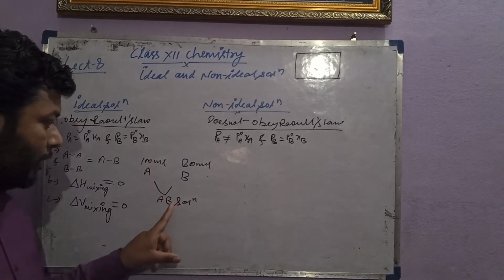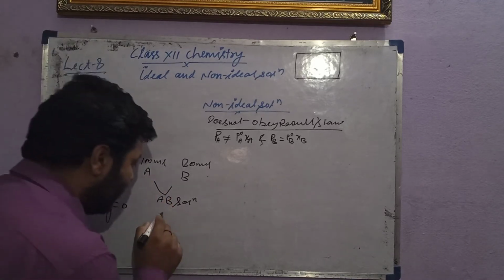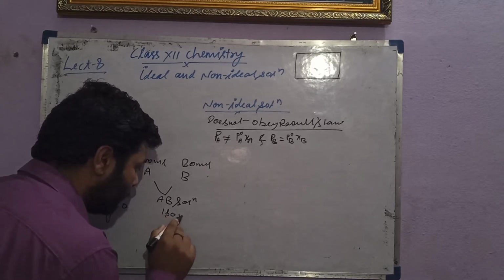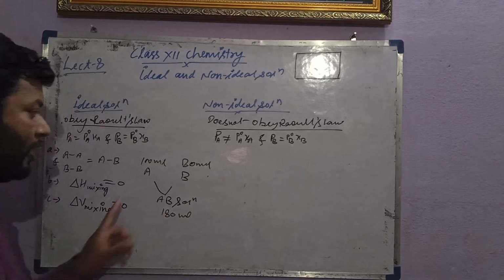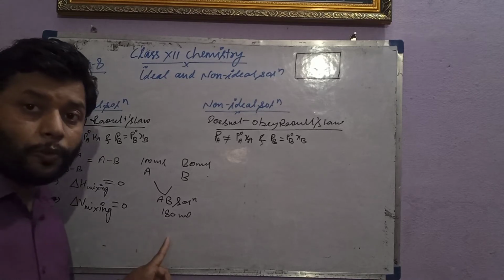After mixing, the volume of the solution should be 180 ml. This is called delta V mixing is 0.